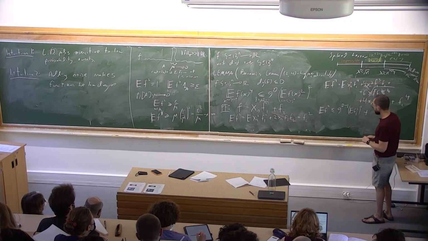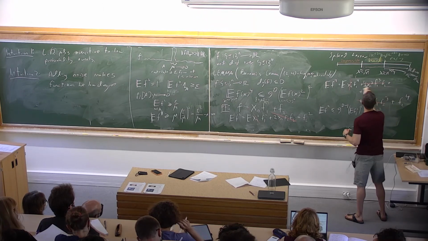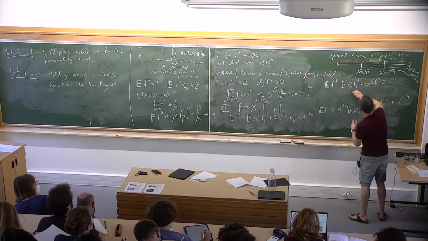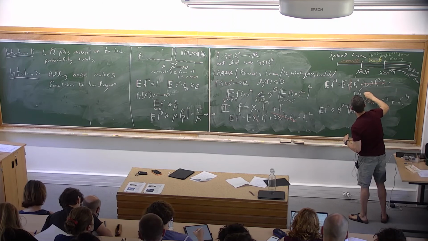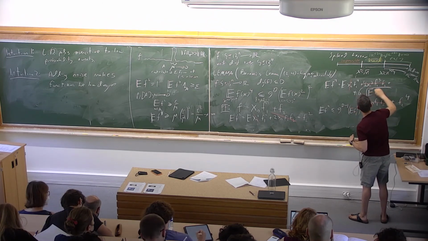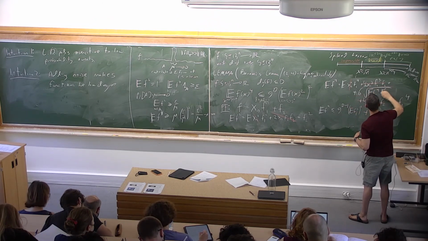So maybe I'll write this nicer: 6 times the square root of the expectation of f1 to the 4 times the expectation of f2 to the 4.